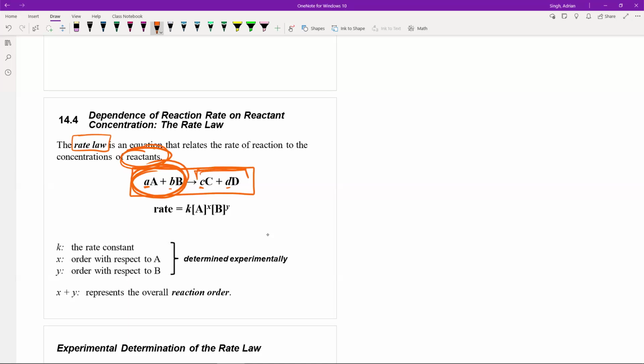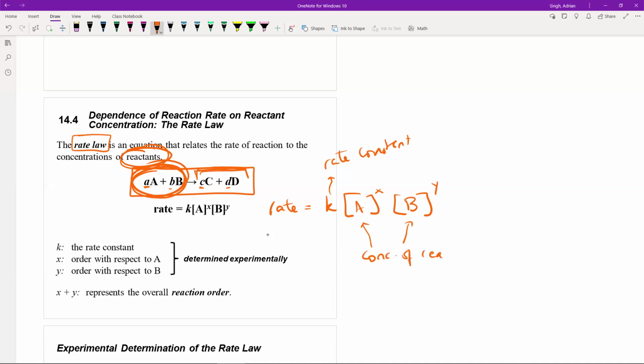So a rate law for an equation like this would be: rate equals k, remember, k is the rate constant, times the concentration of one of the reactants, in this case A, raised to a certain power. We're going to call that x for right now, times the concentration of the other reactant, in this case B, raised to a certain power, which we'll call y for right now. These are the concentrations of the reactants.